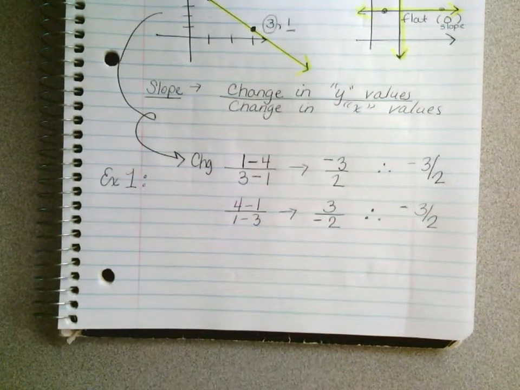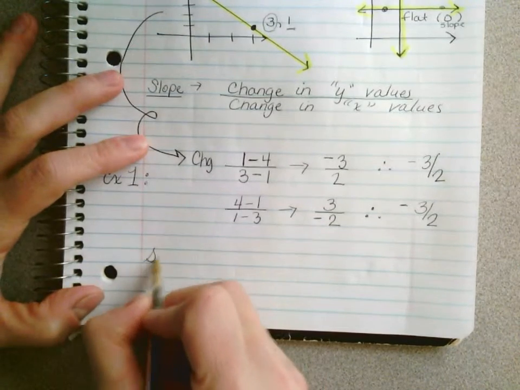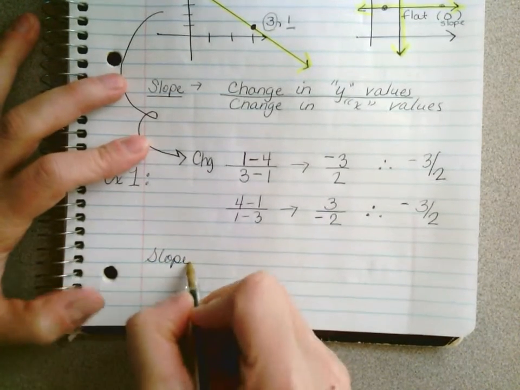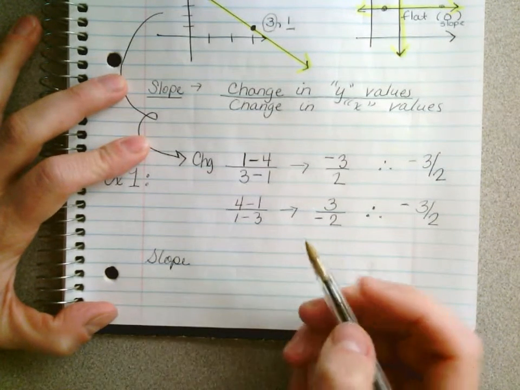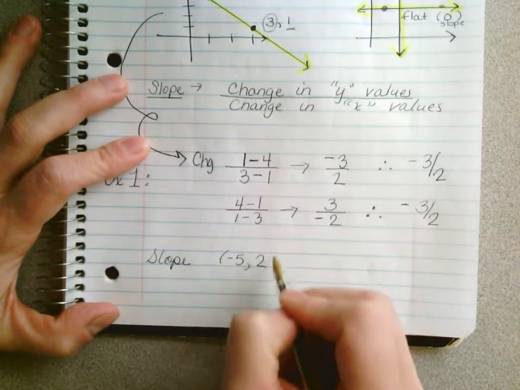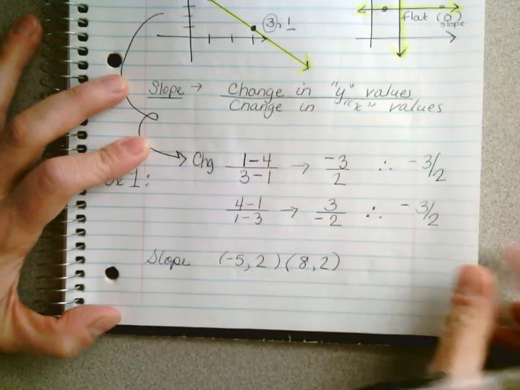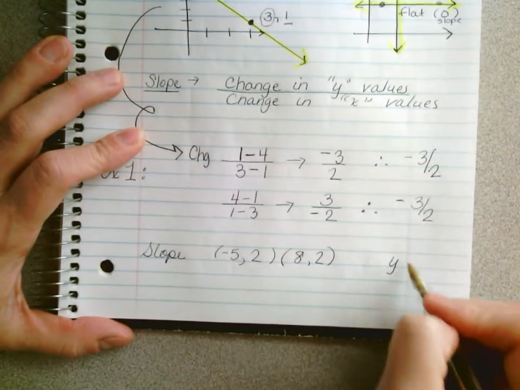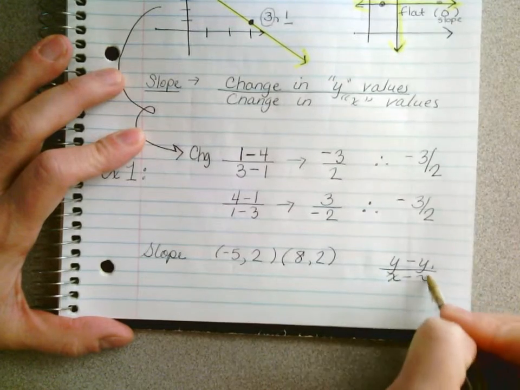Let's find the slope, pardon the frog in my throat. Let's find the slope of these points. I'm not graphing them. I'm just going to go ahead and throw them at you. Actually, I'm going to do 2 with you. Of -5, 2, and 8, 2. So it's the change in y's over the change in x.